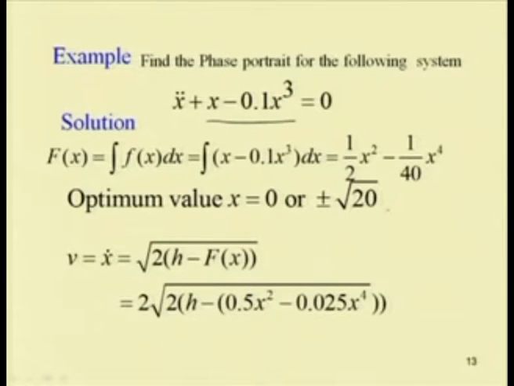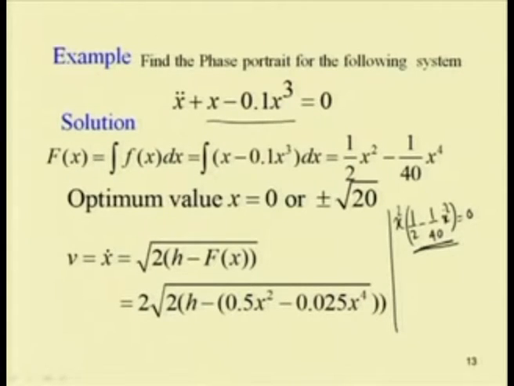So, by putting this equal to 0, one can take x common. So, this is equal to x minus 1 by 40 x cubed equal to 0, which gives either x equal to 0 or the inside term equal to 0.